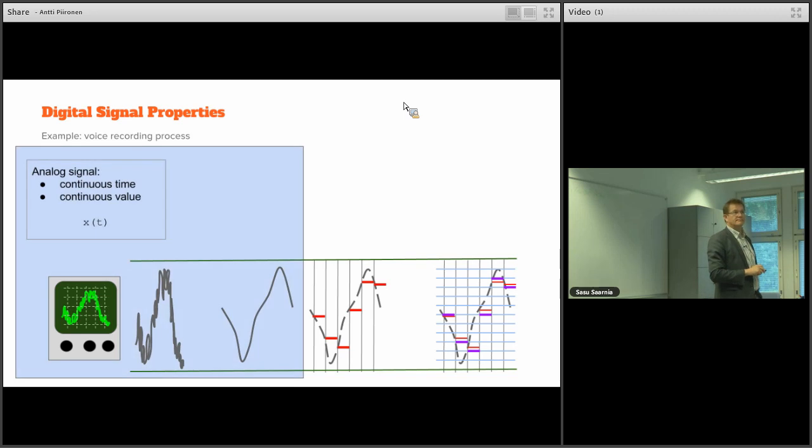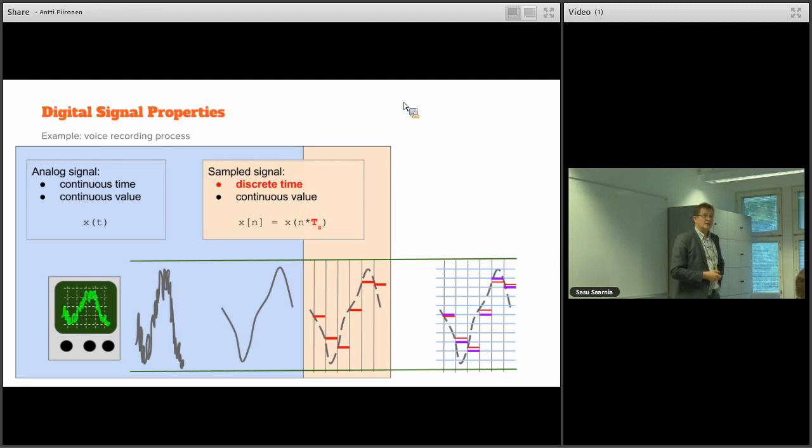Okay, and the same thing in pictures. So, a continuous time, continuous value signal, that's what we call it. Real life signals are continuous in time and value. They can get any value at any time. A sampled signal has discrete time, but it's continuous in value, so it can still have any value.